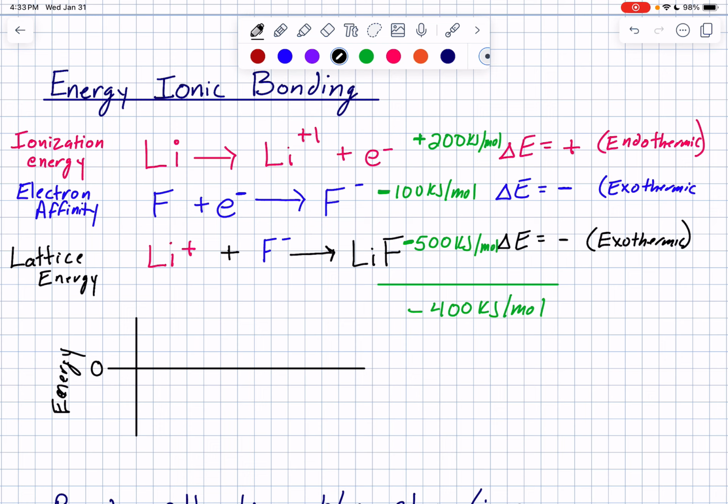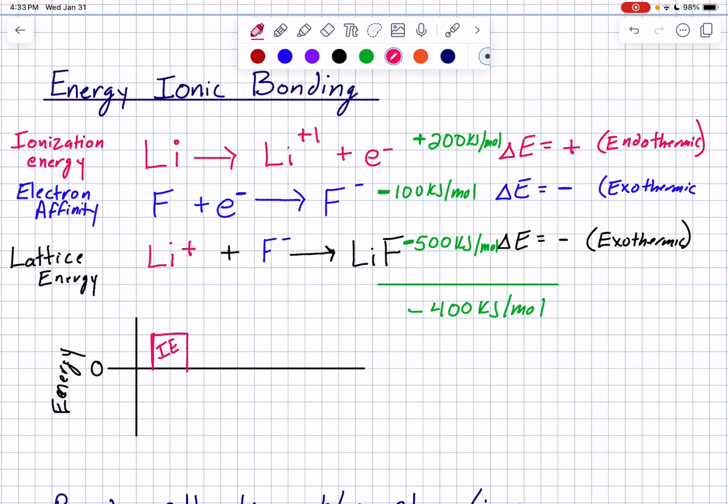In order to form my cation, and this will be true for any cation, it requires energy to be put into the system. And we said that energy was called ionization energy. We need to make sure we label this ionization energy as our cation.